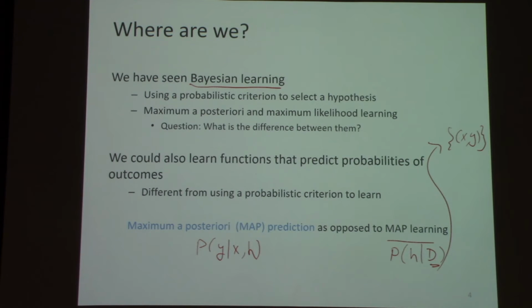Yes? So what do you mean by the probability is uniform over the hypothesis? That is for maximum likelihood learning. Yeah. So what is the probability of the hypothesis given the data set? This is MAP learning.